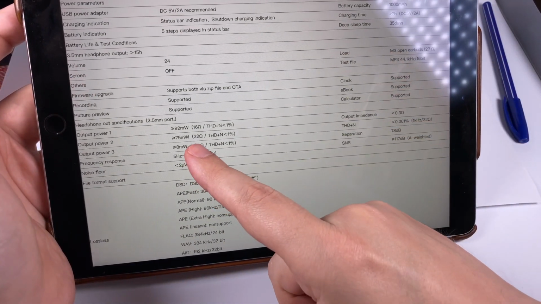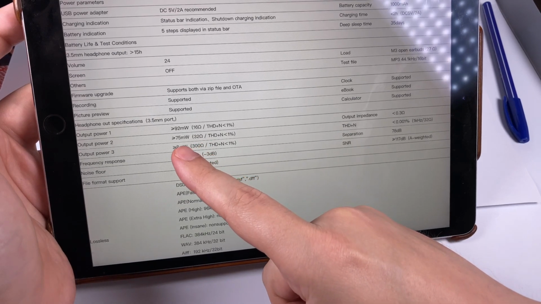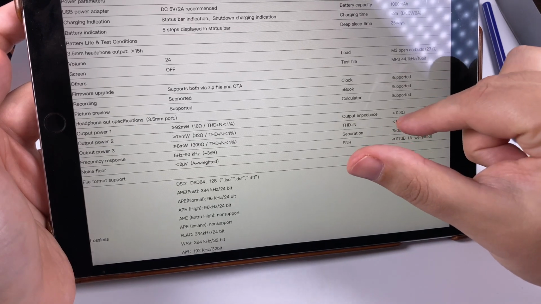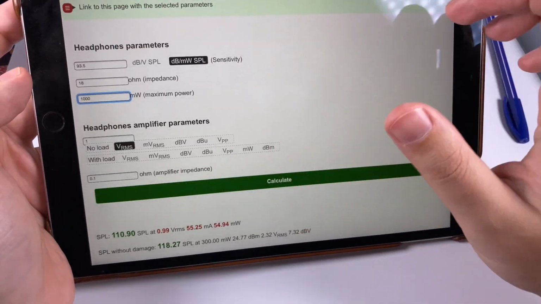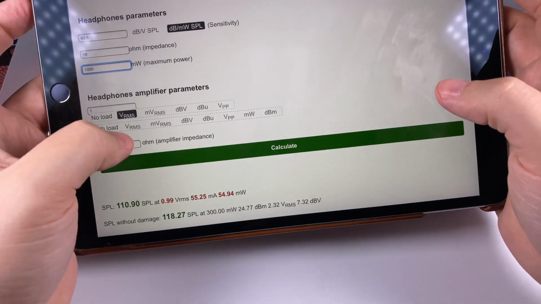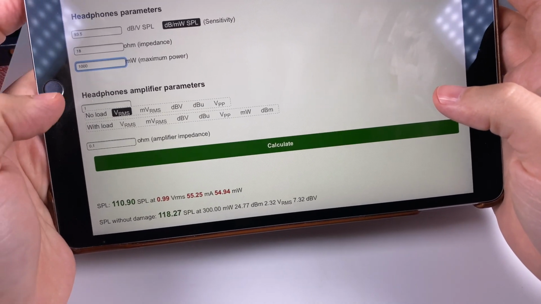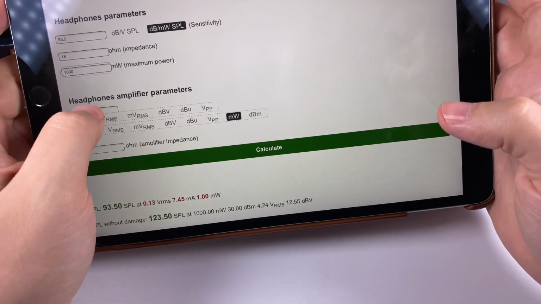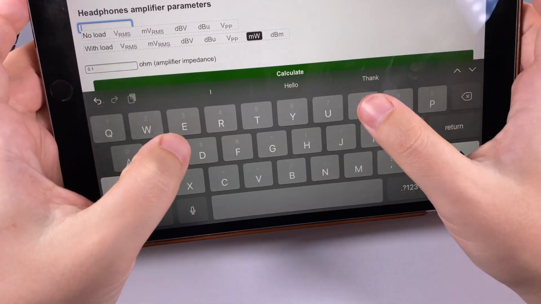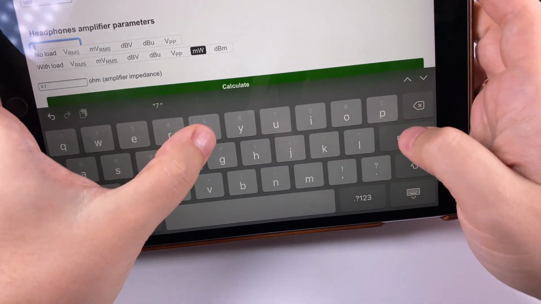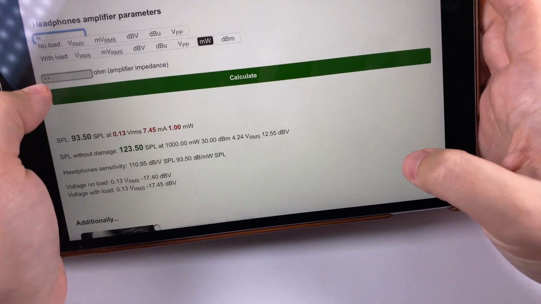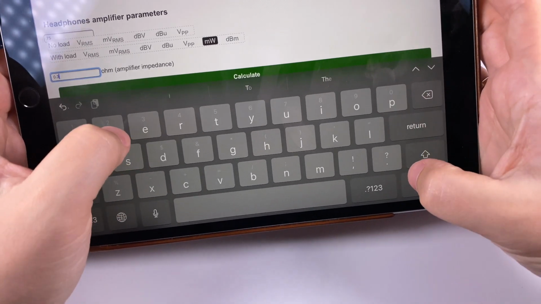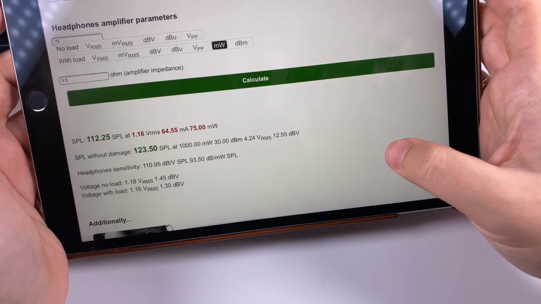So here it is: 75 milliwatts for a 32 ohm load, and output impedance 0.3 ohm.